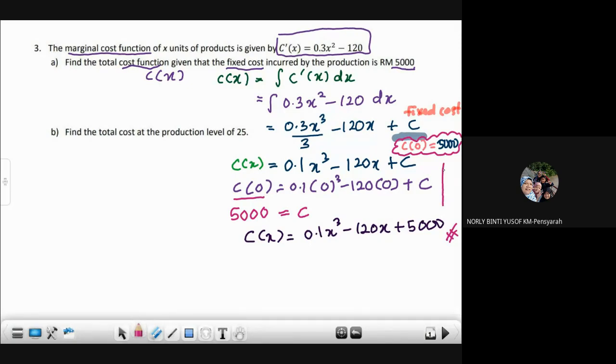Tapi for tutor, since that you already understand the fixed cost C, untuk when you integrate marginal cost, you boleh terus letak 5,000 because you know that when the C function quantity 0 is equal to 5,000. Tapi kalau fixed revenue, dia akan 0. Okay, this is the understanding of the working step lah. Okay, so that is your cost function.